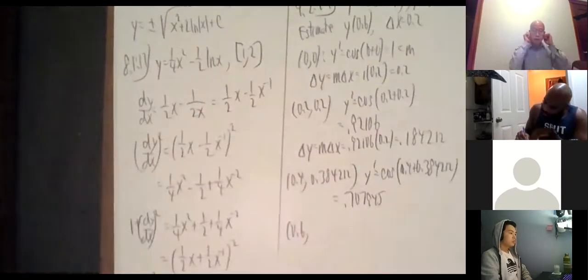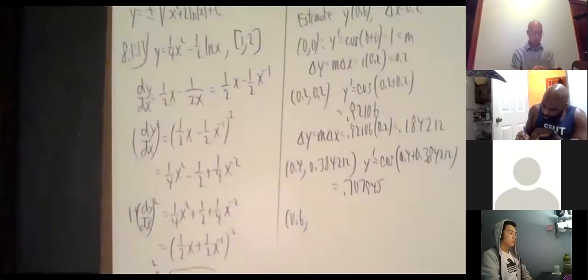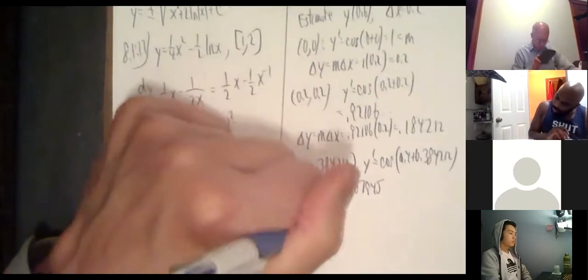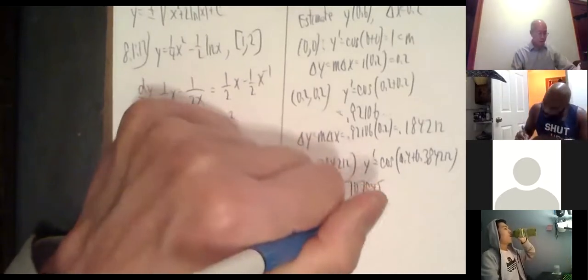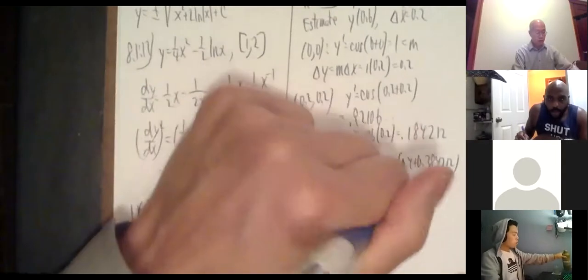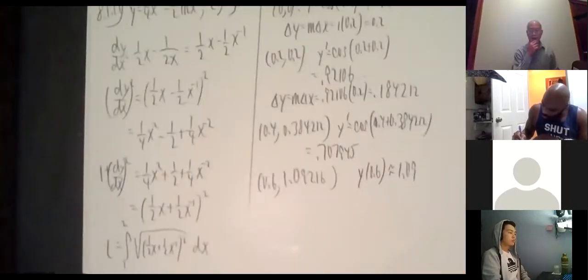That leaves me at 0.6 comma, whatever that plus that is, 1.09216, roughly. Okay, so y of 0.6 is approximately 1.09. Now I can round off the final answer.